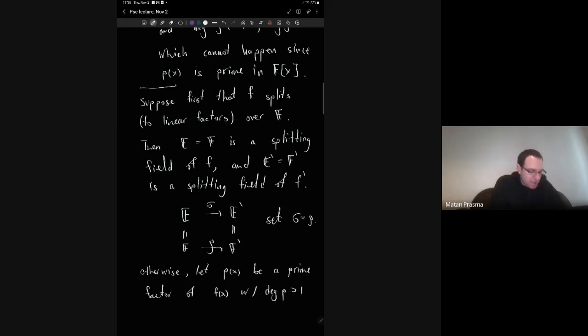I mean, if it's a prime factor of degree 1, then it means that f splits at least into Px times another thing. So if we assume that f does not split to linear factors, there is at least one prime polynomial of degree bigger than 1.